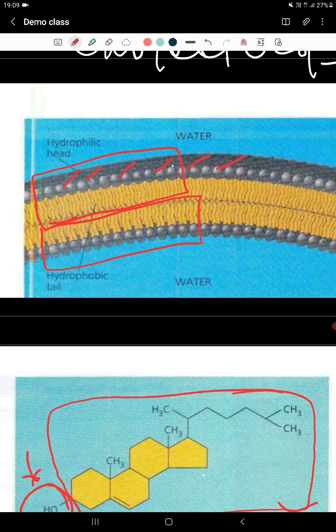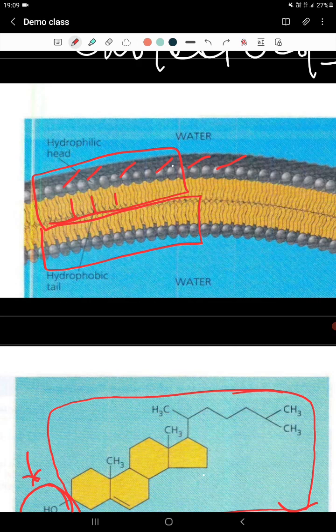And these yellow long structures are the hydrophobic tails. Now you can well imagine that it has both parts: one end is hydrophobic and one end is hydrophilic.